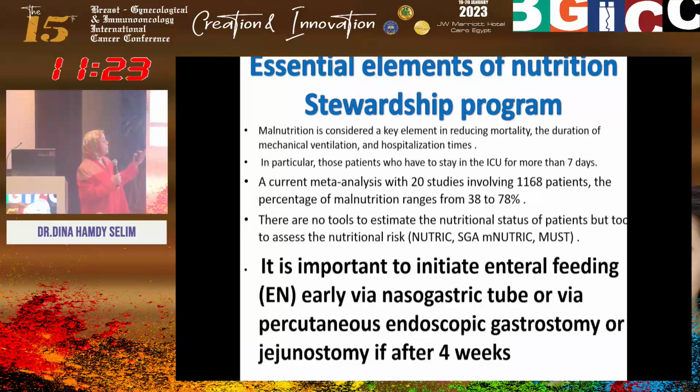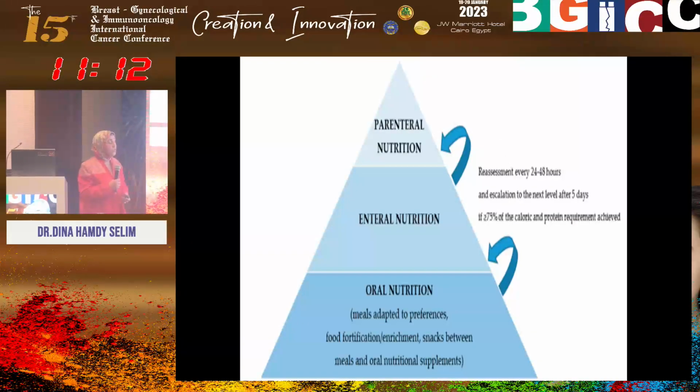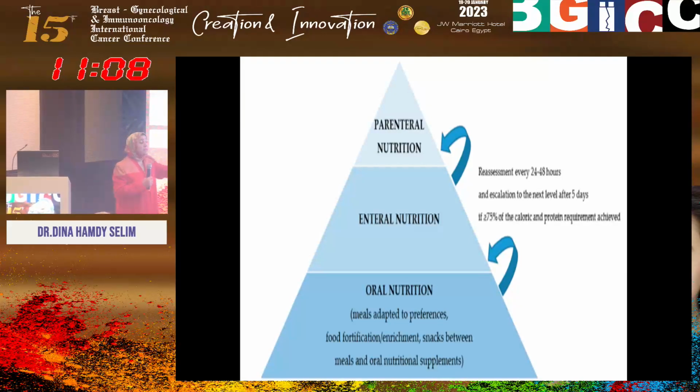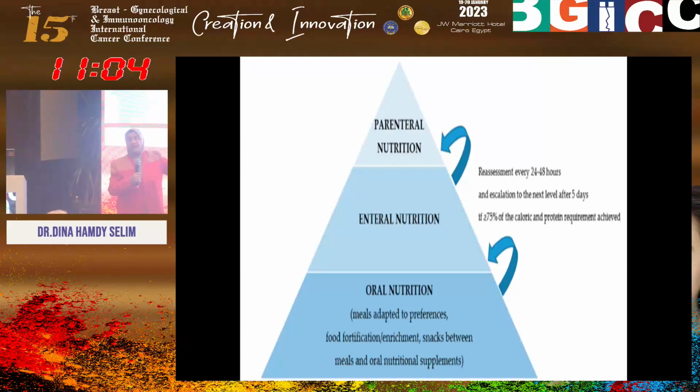Another important element is to initiate enteral feeding early, through a nasogastric tube or percutaneous endoscopic tube, according to the patient's state. This is the pyramid we have to follow. The baseline of our indication is oral feeding, insisting on oral feeding.